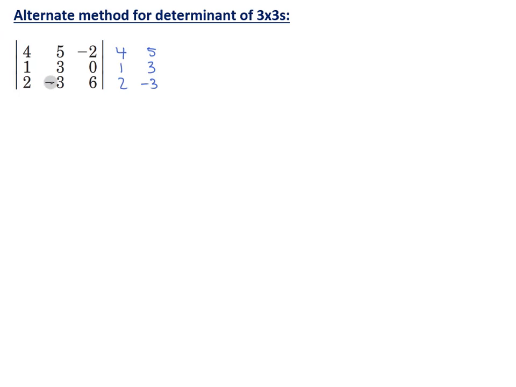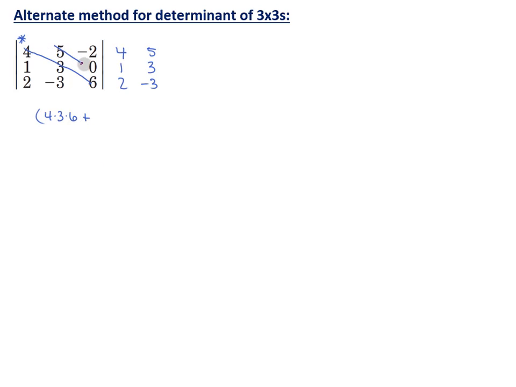We are still going to start in the main diagonal, the top left, and we're going to multiply these 3 numbers diagonally. Okay, so 4 times 3 times 6. Okay, but we need to do this 3 times, and we are going to be adding our results.